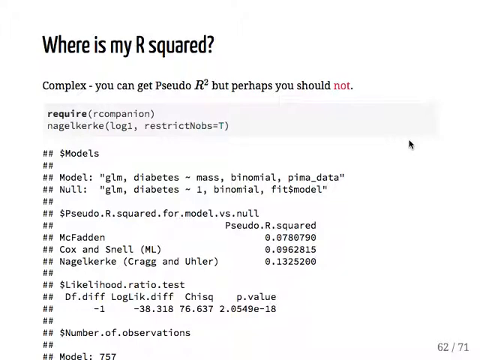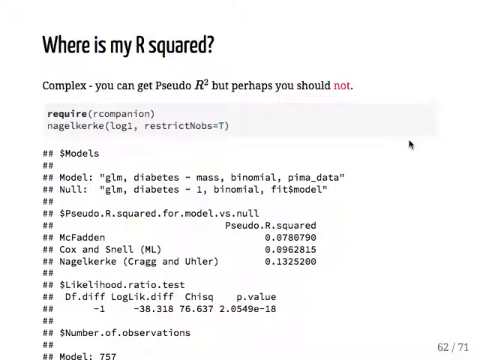Some statisticians say that perhaps you shouldn't calculate these because they come with some problems. You can do Nagelkerke R squared, and this is like whether you would like to restrict the observations to, for example, the ones that are missing or not missing. So that's the second bit to it. Again, you can read all the code as you go along.